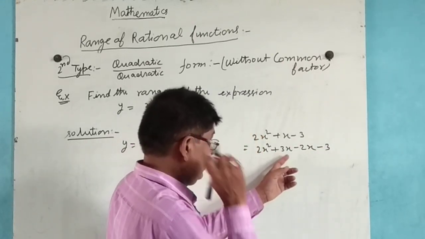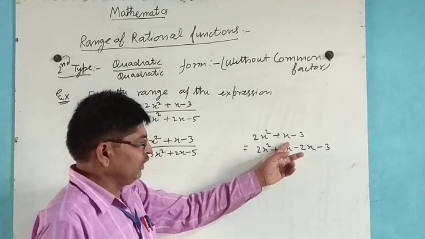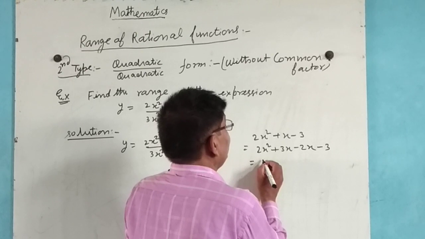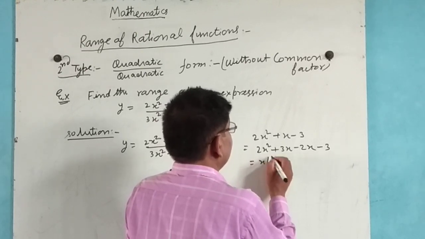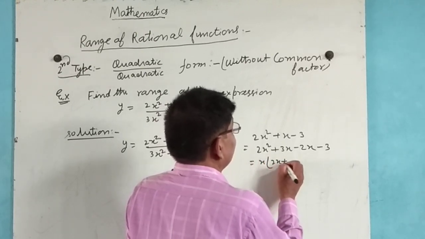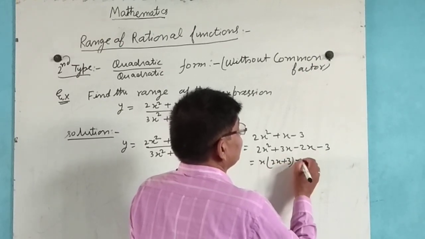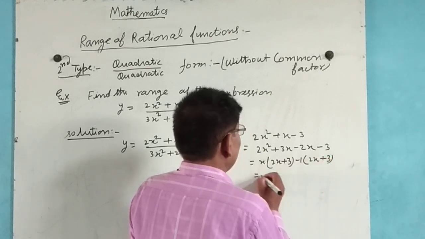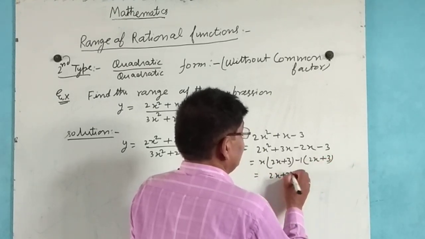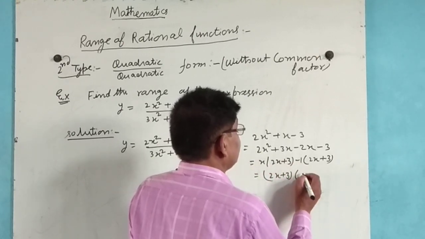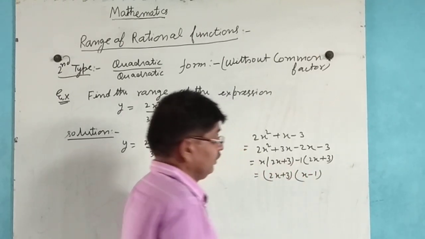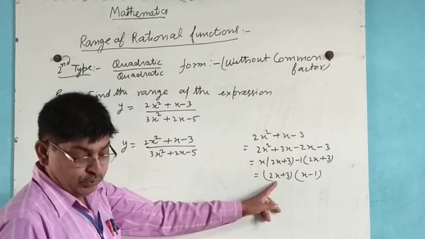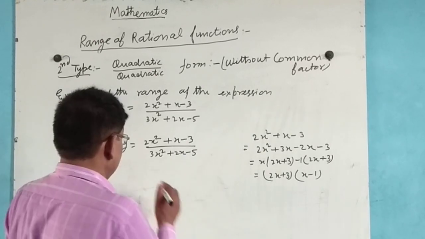Here 3x minus 2x is 1x, no change. Now we take x common from the first two terms, x(2x plus 3), and minus 1 (2x plus 3). Now 2x plus 3 is common, so the other factor is x minus 1. Thus the factors are (x minus 1)(2x plus 3).